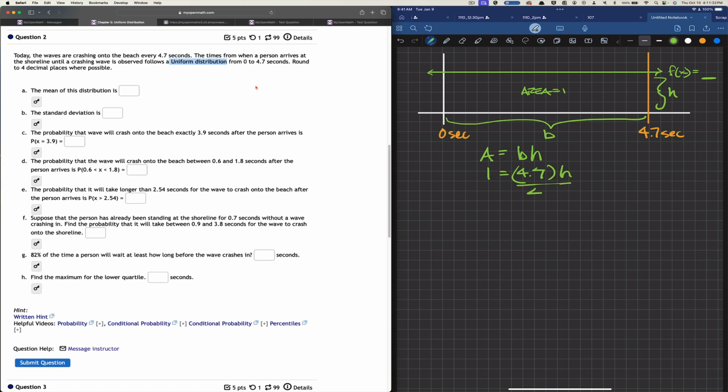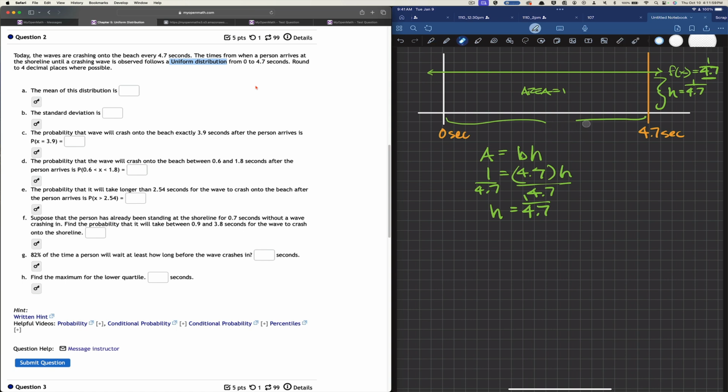Dividing both sides by 4.7, I get the height of my rectangle to be 1 over 4.7. So this little 1 over 4.7 goes there. That's my height, and this base is equal to 4.7. Oh my goodness. So that's the first thing I do: I get the dimensions of my rectangle.